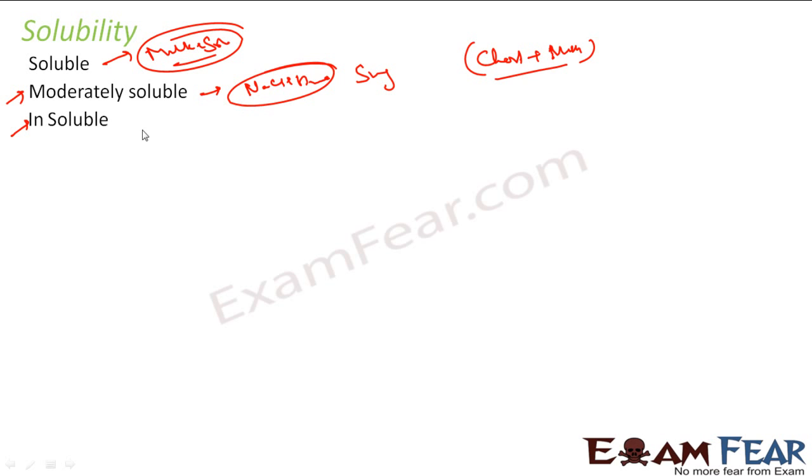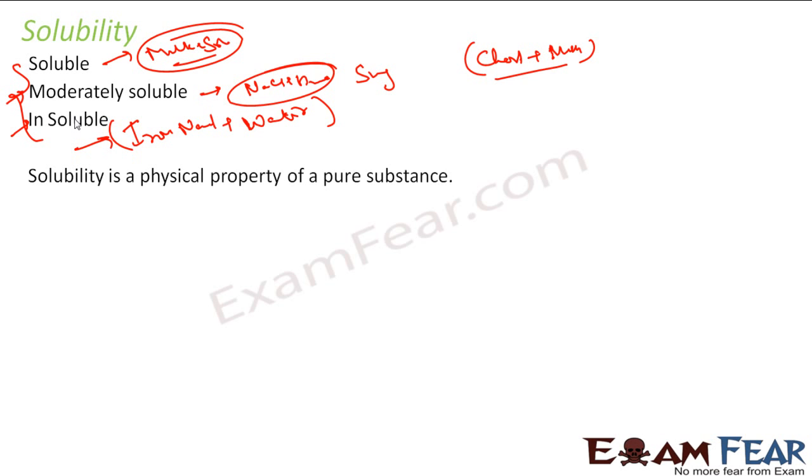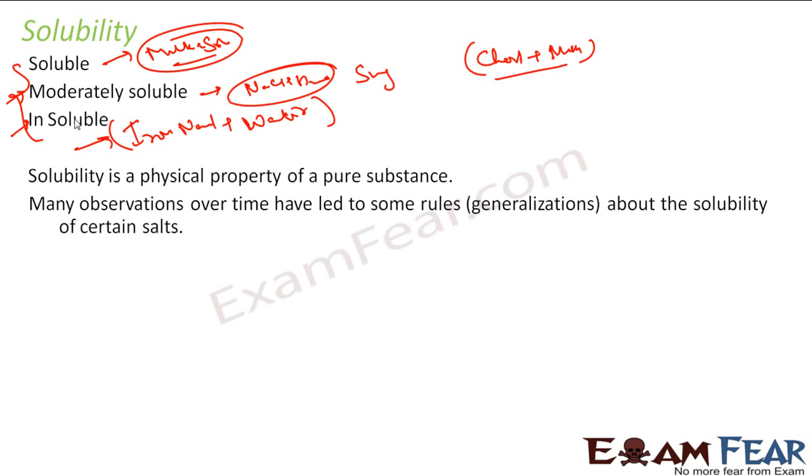For example, you take iron nails and try to mix them with water. You do anything, it won't even mix. Those things are insoluble. And these are nothing but properties of the substance, right? Solubility is a physical property of the substance, and that depends on a lot of factors, such as how it is structured, and we'll study those in later classes.